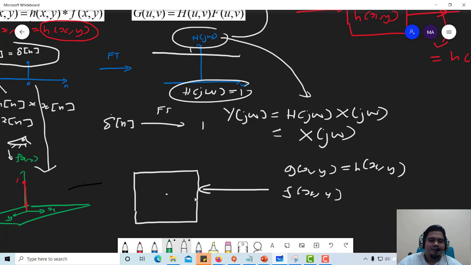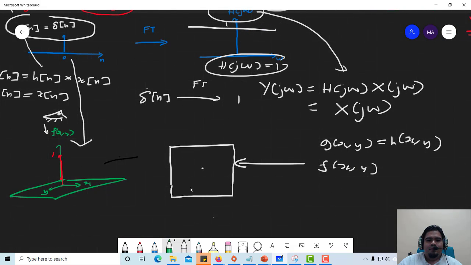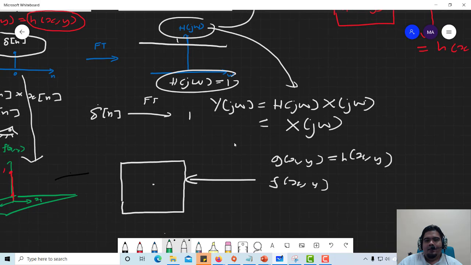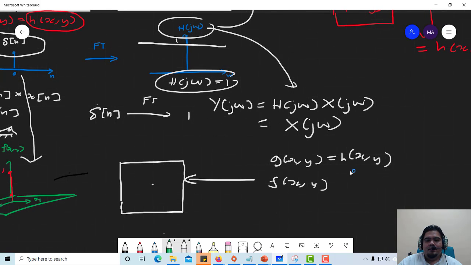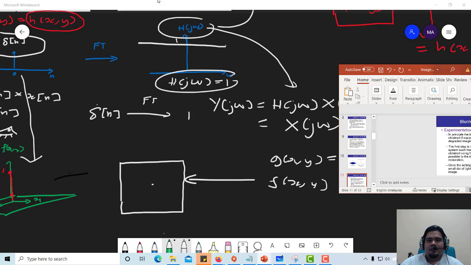Okay, because this is the one that will make your f become an all pass filter, and it will pass every single signal in h(x,y) into your g(x,y). So that's why now your g(x,y) is equal to your h(x,y), which is the one that you want to estimate. You can access it directly through g(x,y). Okay, so that is the concept of this second approach, which is called experimentation.